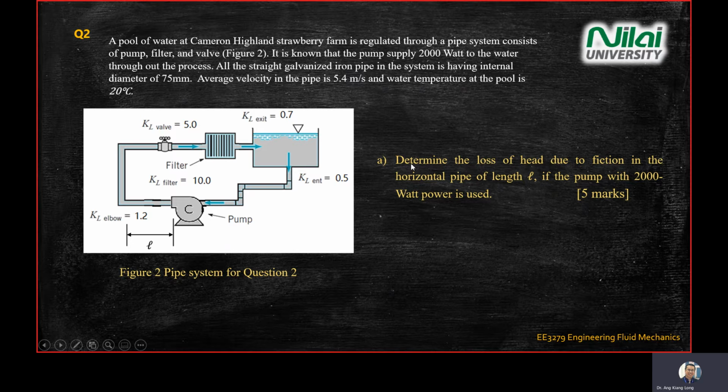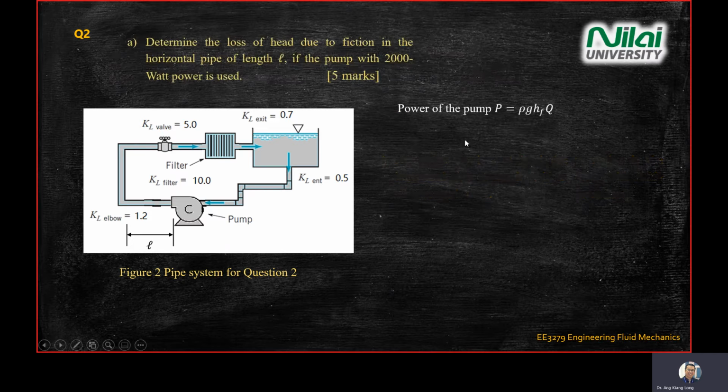So the first part asks you to determine the head loss due to friction in a horizontal pipe of length L with this section. If the pump of 2000 watt power is used, we need to find the head loss. So this is actually testing you on the equation of the power for the pump. So what is the equation for the pump is this one.